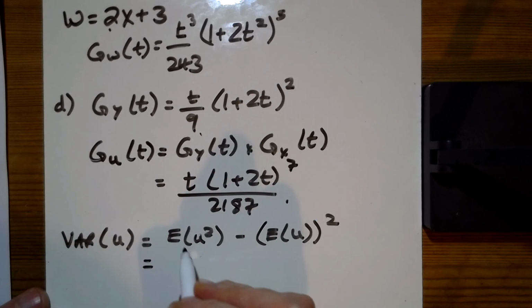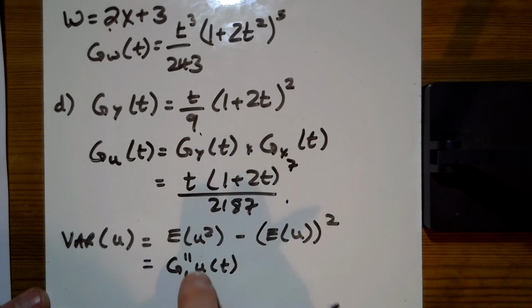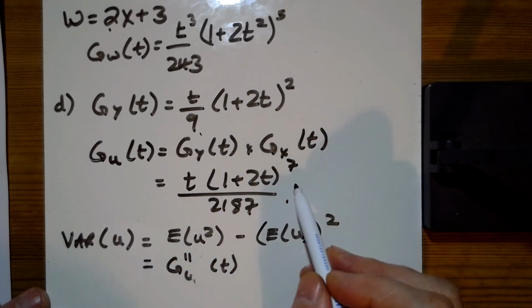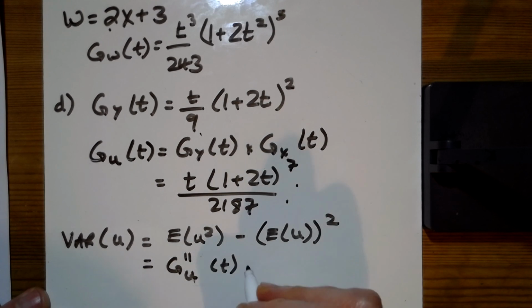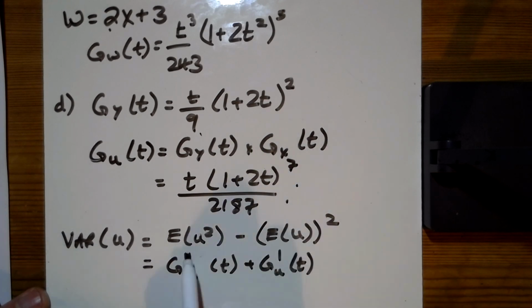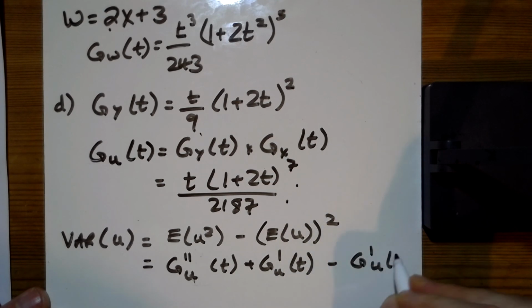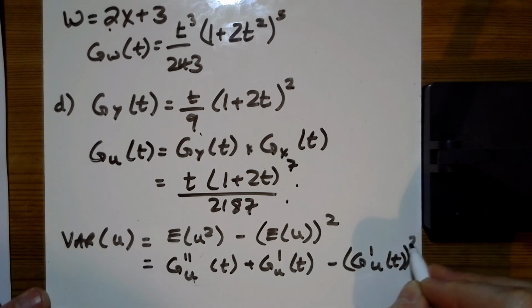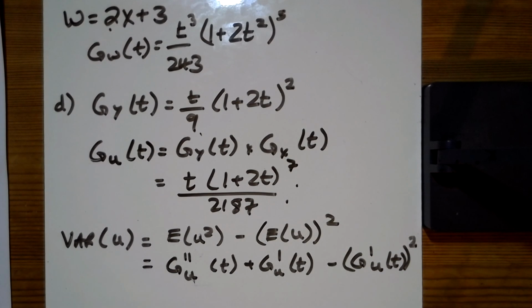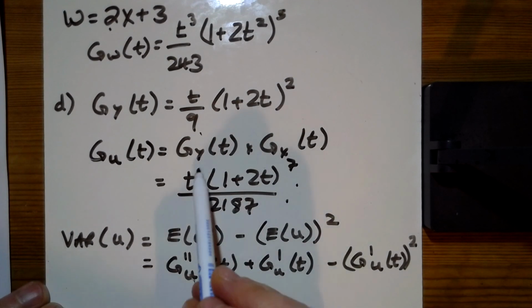Now to find out the expected value of u squared, that is the second derivative of the generating function that we've got here, plus the first derivative of the generating function. That's that bit there. And then we want to take away the first derivative of that function all squared. So there's lots of differentiating to do. And it does say using calculus, so you've got to do all that differentiating.